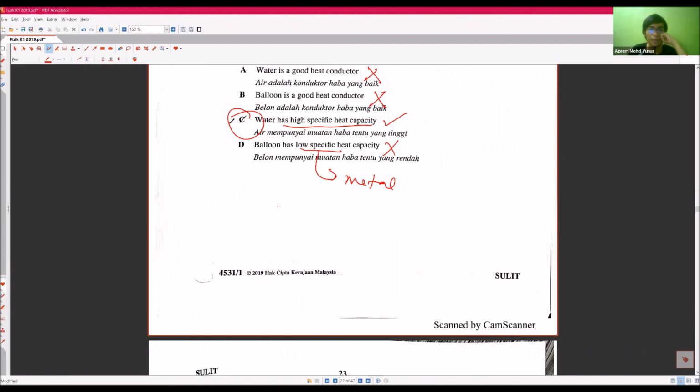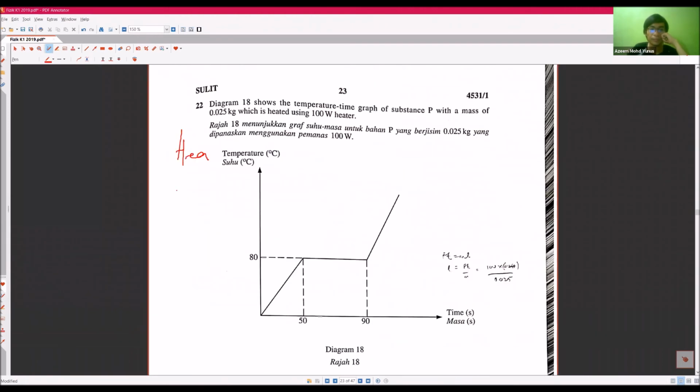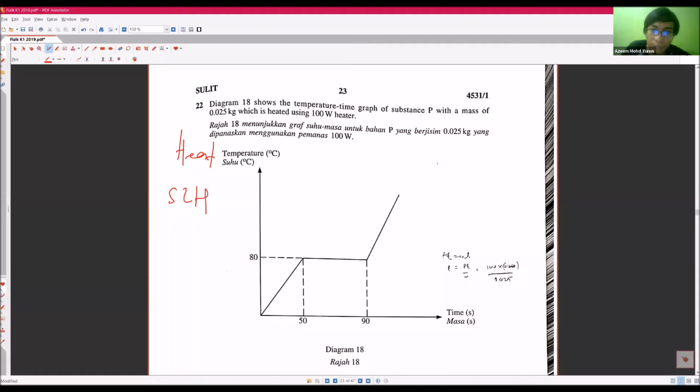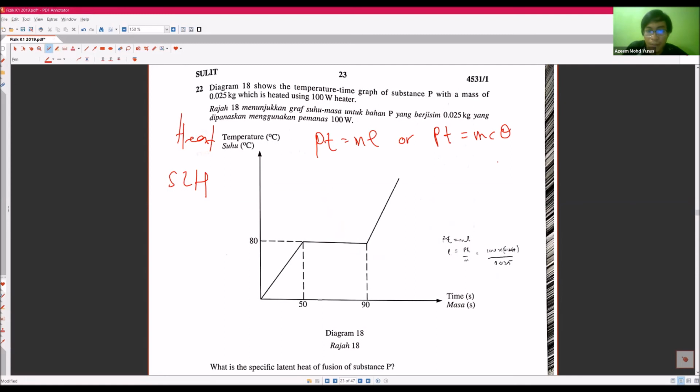Okay. Next, specific latent heat. You see a heating curve over here. Diagram 18 shows a temperature-time graph of substance P with a mass of 0.025 kilogram. It has a heater, so we can use the formula Pt equal to ml, or Pt equal to mc theta if the question asks for a different region of the graph, but usually it's going to be Pt equal to ml.